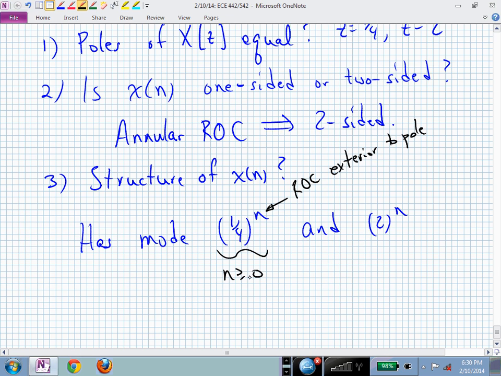So this is n greater than or equal to 0. And likewise for 2, the region of convergence is interior to the 2, and when the region of convergence is interior to a mode, that corresponds to anti-causal. So this is going to be true for values of n that are less than 0.